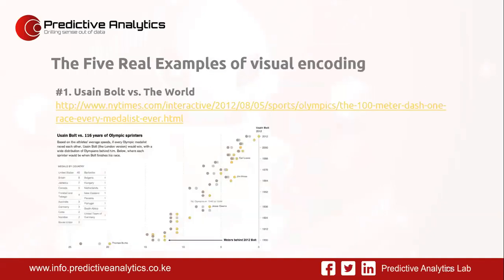So this is going to be the practical bit of this lesson. We'll have a small quiz at the end of the lesson to see whether you've gotten examples of visual encoding. So number one, we look at this visualization by the New York Times.